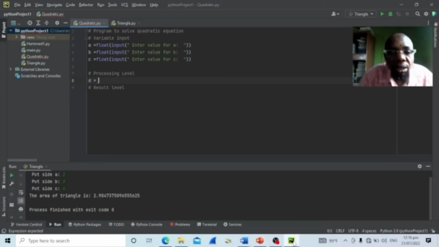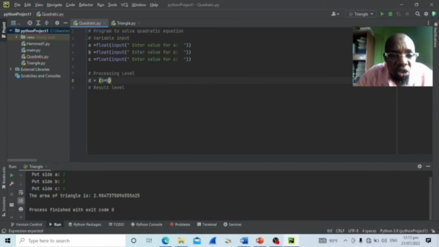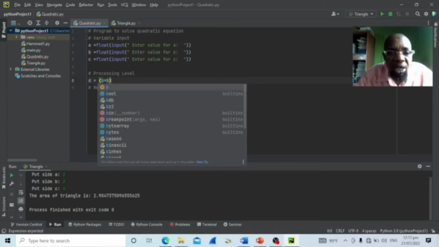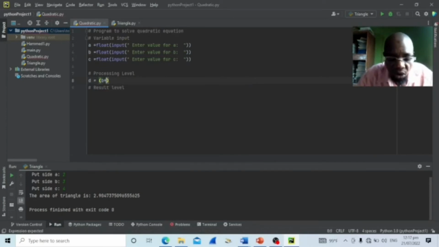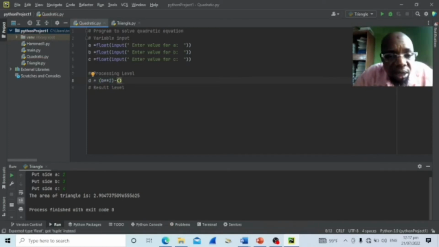In this case, we come back here, say d is equal to open bracket b asterisk b, or we say b double asterisk 2. It's the same thing, any one you like to use. Then minus open bracket 4ac, 4 asterisk a asterisk c.